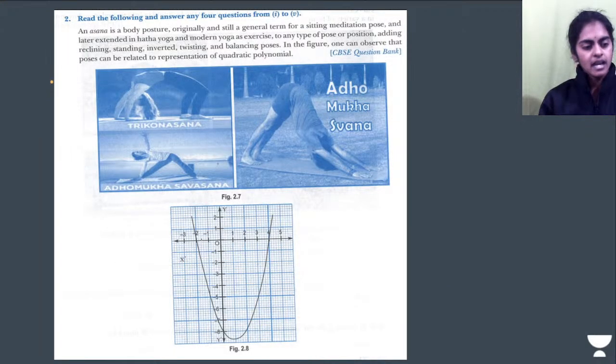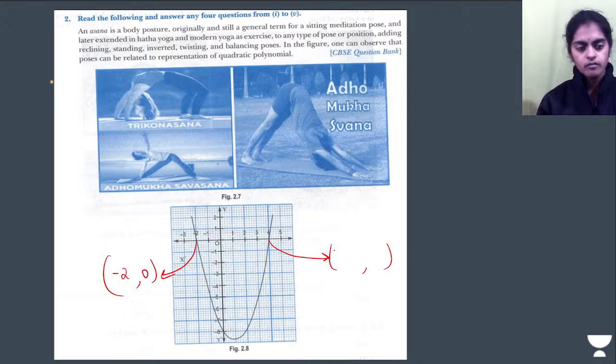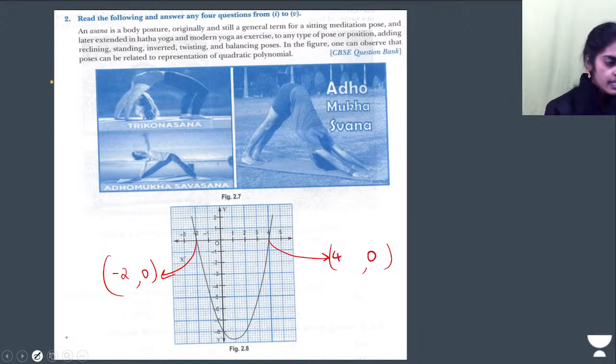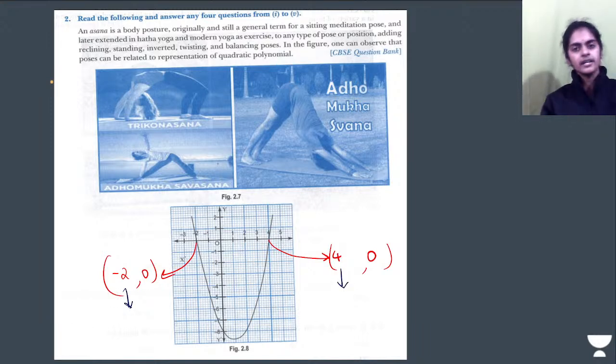So wherever the graph cuts the x-axis, so here it is cutting the x-axis. So tell the point where it is cutting: -2, 0 and 4, 0. So wherever the graph is cutting the x-axis, the x coordinates will give you the zeros of the polynomial. So here -2 and 4 are the zeros of the polynomial.